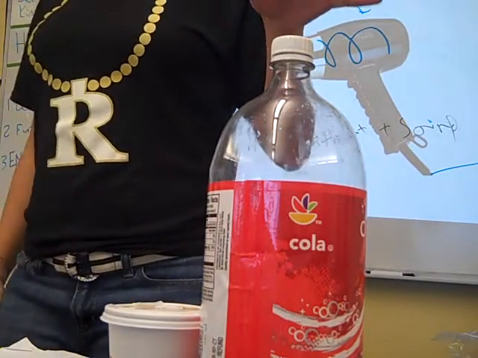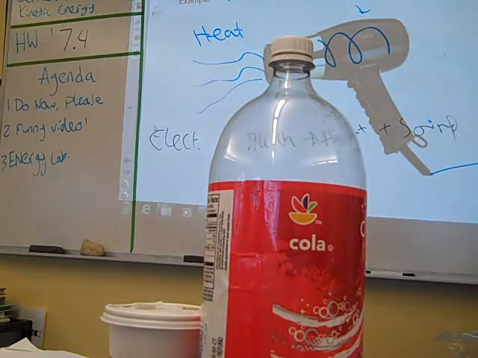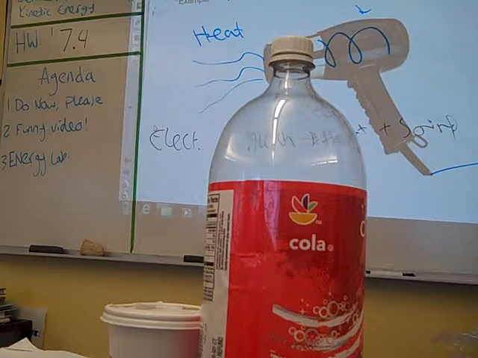So, to go over the stations really quickly, some of them take like 10 seconds and some of them take like 2 minutes. So this one, you're going to use the comb, follow the directions. The next one, there's a 2-minute video on energy. Just watch the video and then write down what you see.